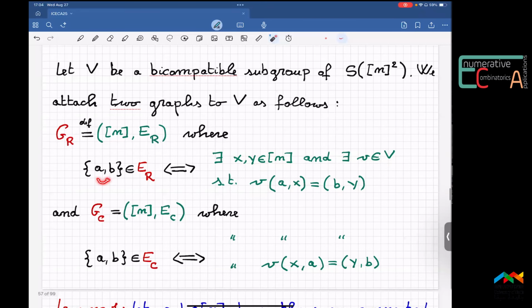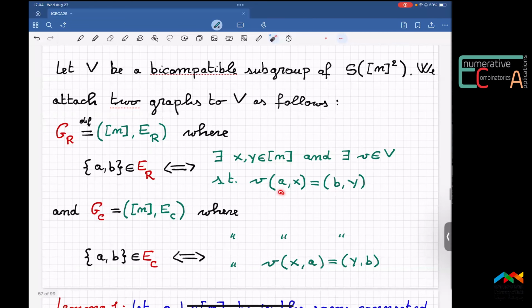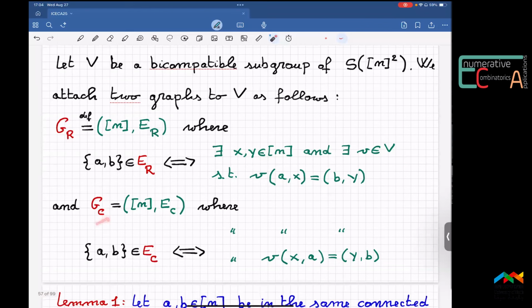You put an edge between A and B if there is some element in your group that can move some element in row A to some element in row B. And the same for G_C: you put an edge if there is some element in the group that can move some element in column A to some element in column B.